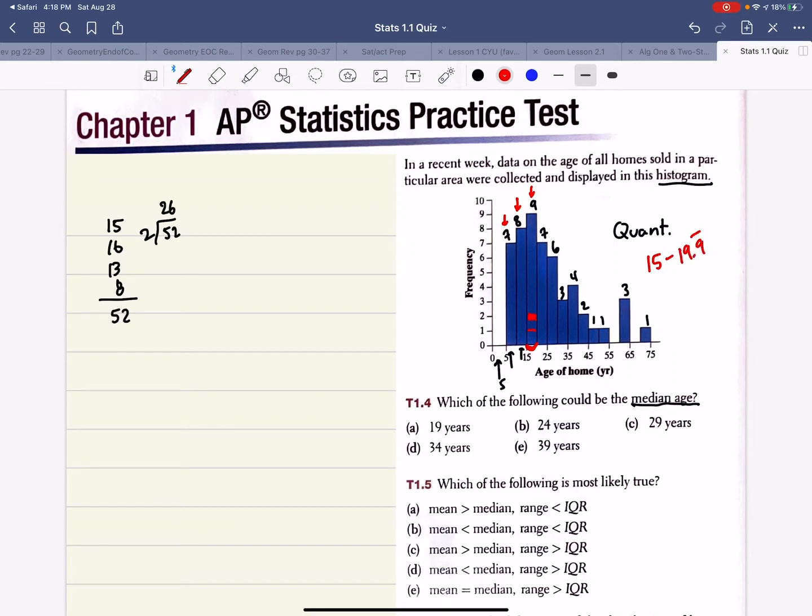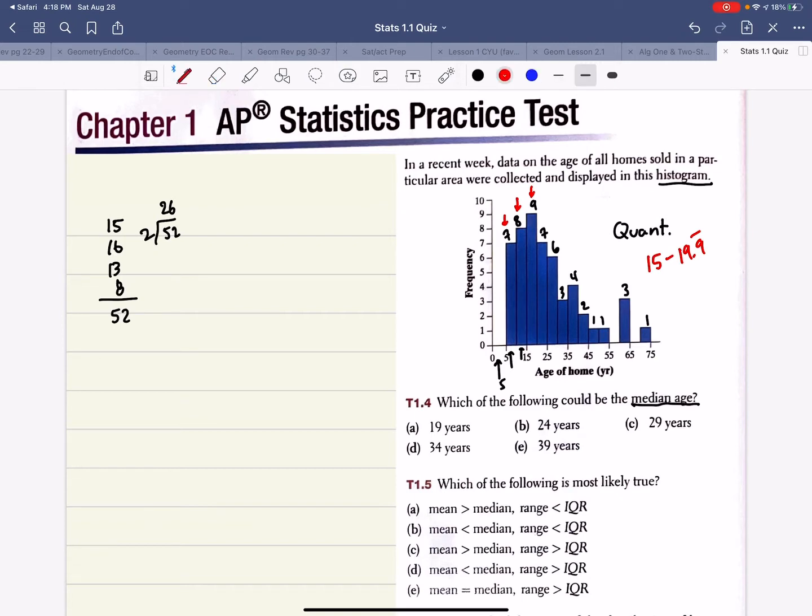Repeating. So that looks like, wait a minute, I'm counting on the wrong one here. Hold on.